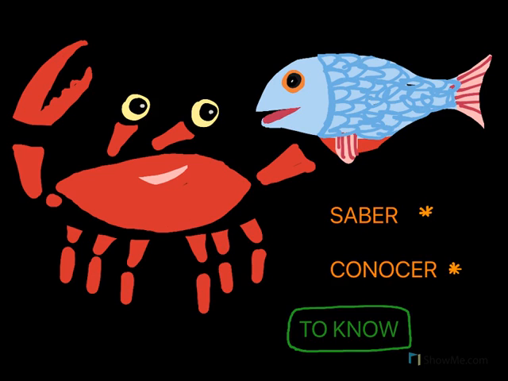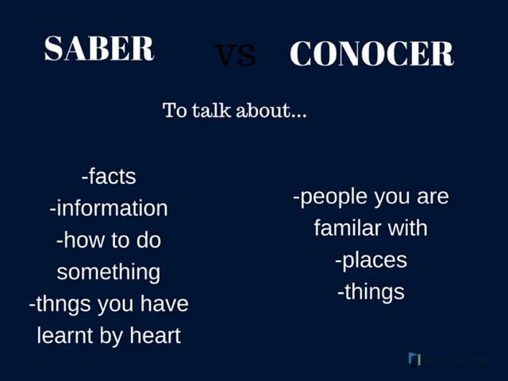So let's take a look at those verbs. First of all, saber means to know, conocer means to know. And you will need to talk about facts, information, how to do, and also know-how.